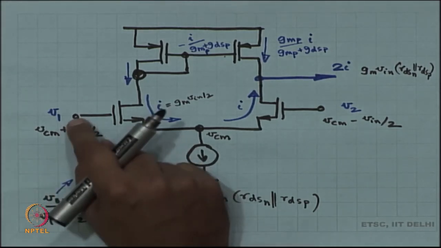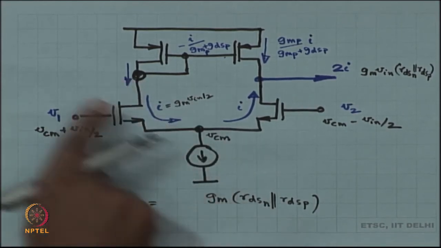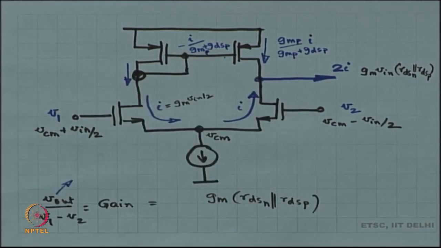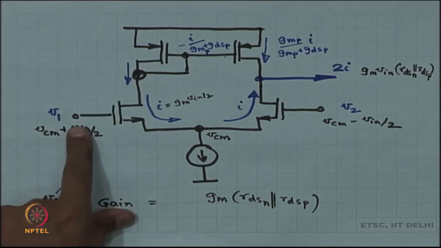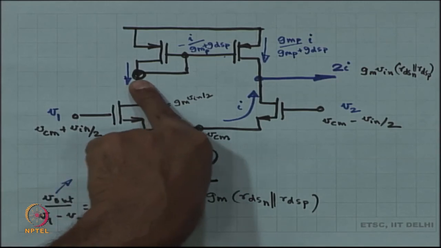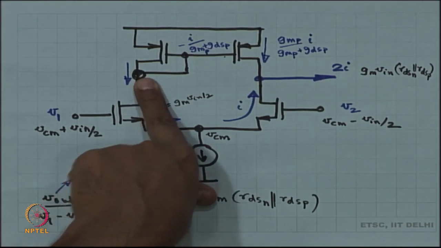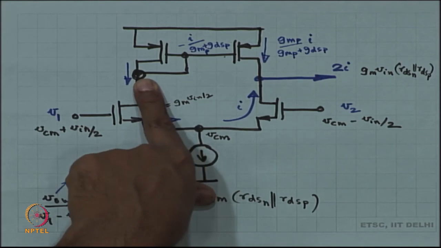So if I apply V in by 2 signal over here, this node is changing by GM by GMP times V in by 2, which is almost as if saying it is not swinging at all. Its amplitude is similar to the input amplitude. If the input amplitude is small, this amplitude is also very small. So the gain between here and here is almost nothing.